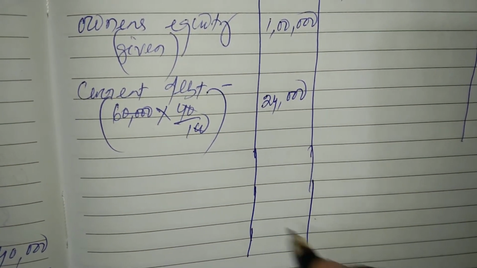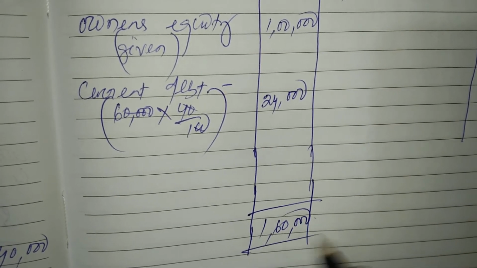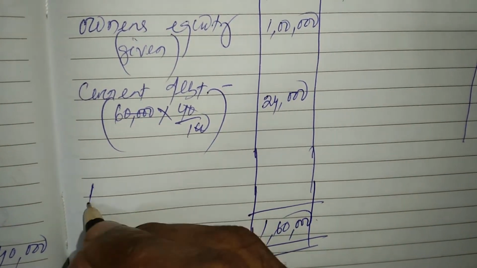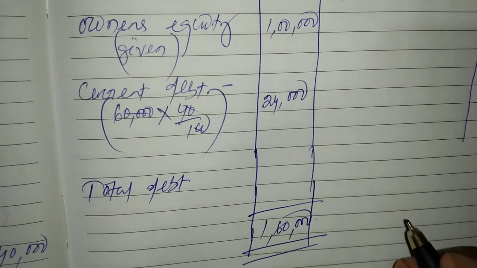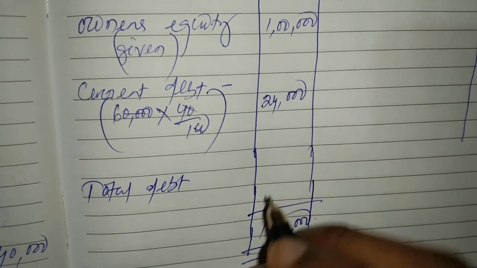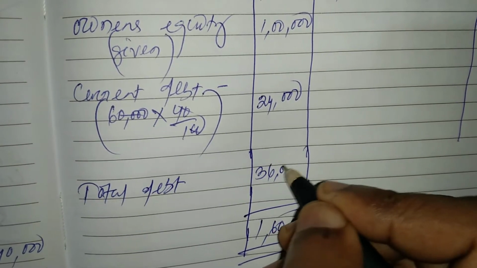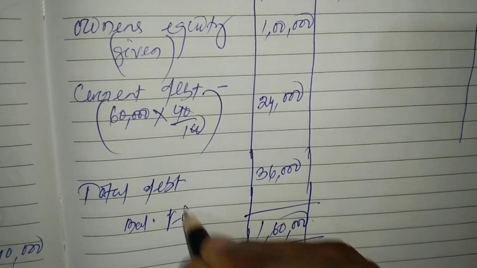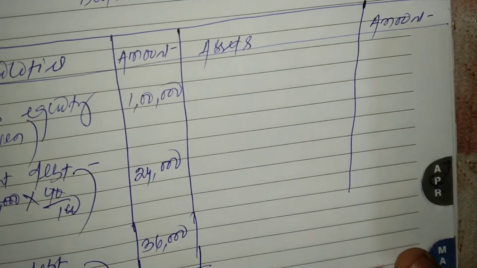So as we know, total liability is 1 lakh 60,000. Total liability we have already obtained as 1 lakh 60,000. Then total debt must be the balance sheet figure 36,000. Balance sheet figure. Clear? Now the asset side.